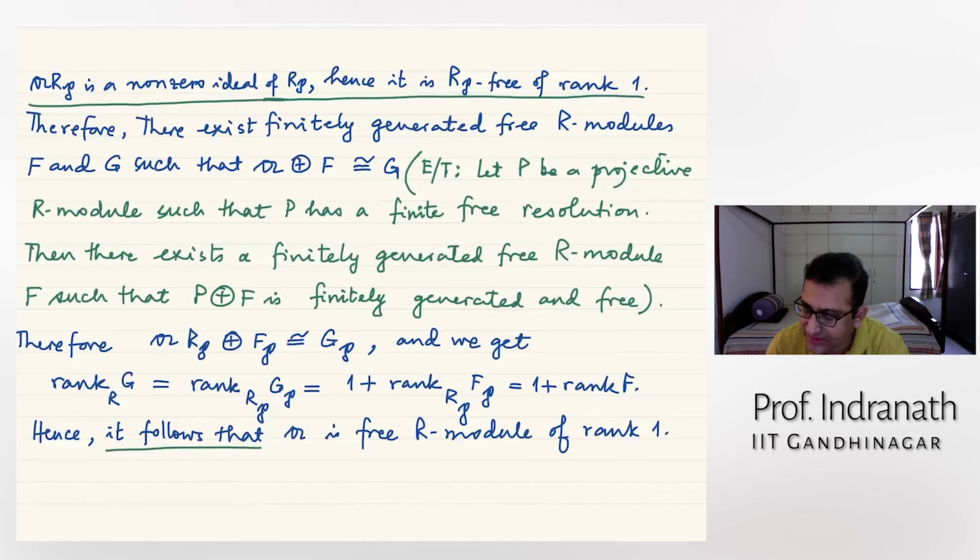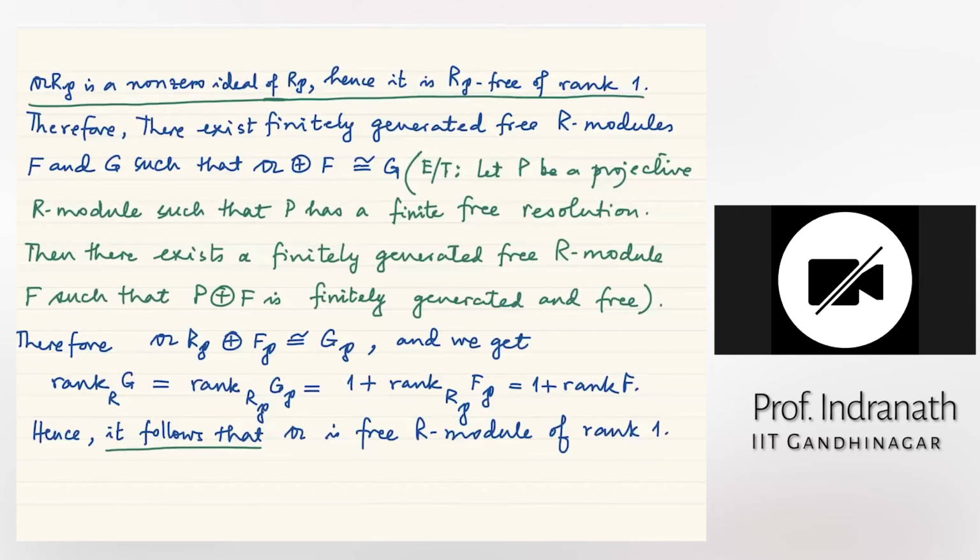You have the freeness, but why should it be of rank 1? It's a non-zero ideal of R_P. If it is generated by more than one element, then it cannot be free. So the rank should be 1.